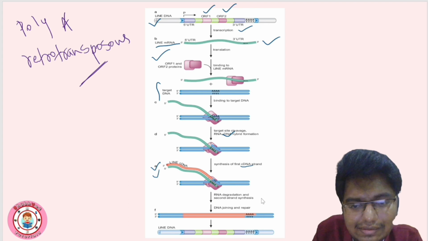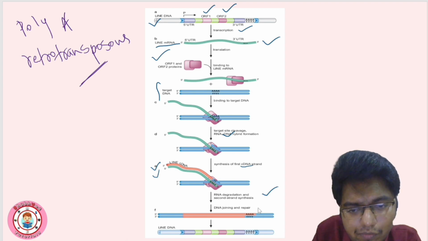Okay, second strand synthesis. Then DNA joining and repair. And repair of what? For the proper ligation. Okay, proper joining will take place and the synthesis of LINE DNA has completed.